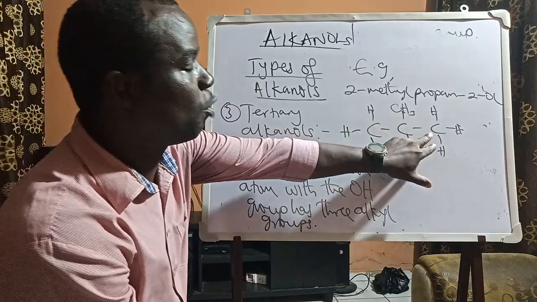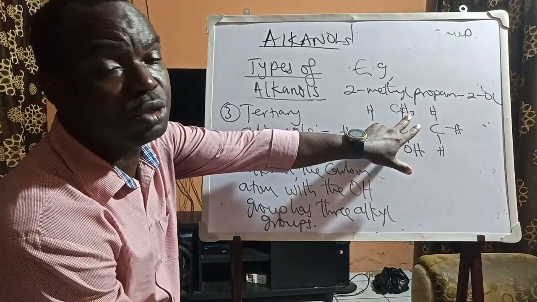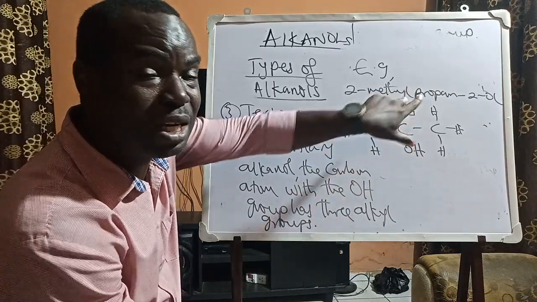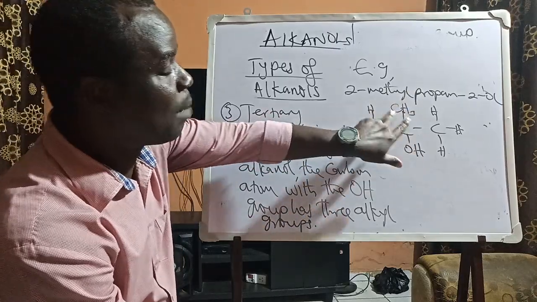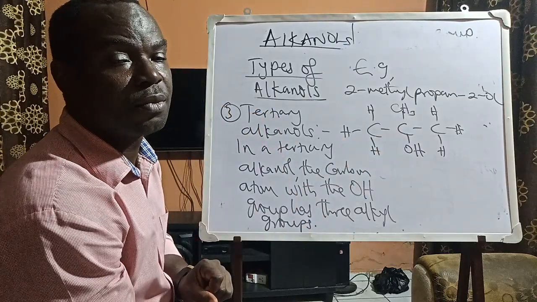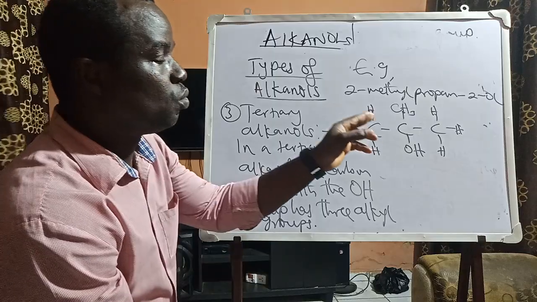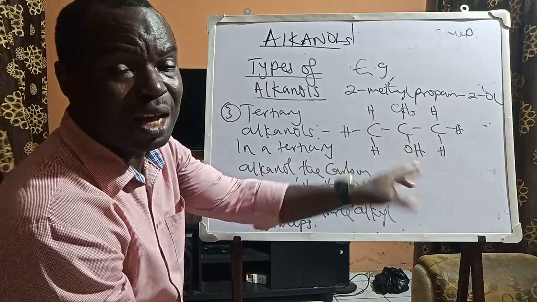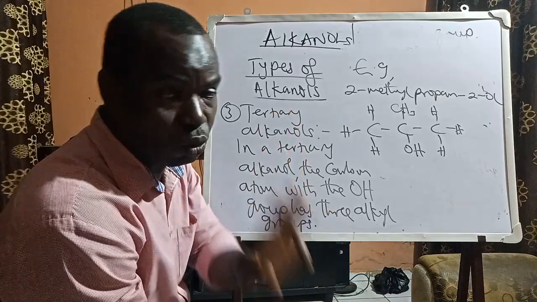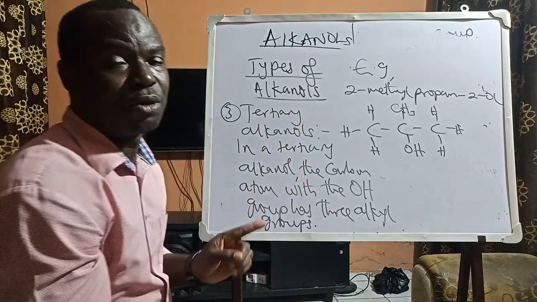Carbon number 1, carbon number 2, carbon number 3. Look away from this hydrogen. Anytime carbon and hydrogen are together, you're looking at the carbon. So it has carbon, carbon, carbon. 3 alkyl groups. Take note of that. Okay, so the carbon atom that has OH group has 3 alkyl groups. That makes it a tertiary alkanol.